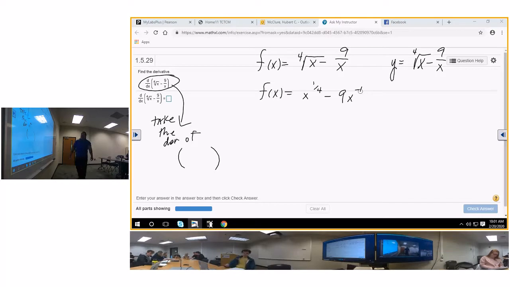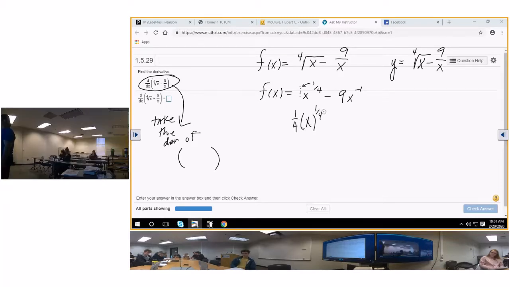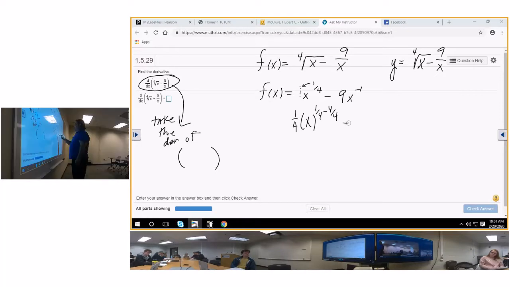So what's 1/4 times 1? So that's 1/4 x to the 1/4 minus 4/4 minus a -1 x to the -1 minus 1.